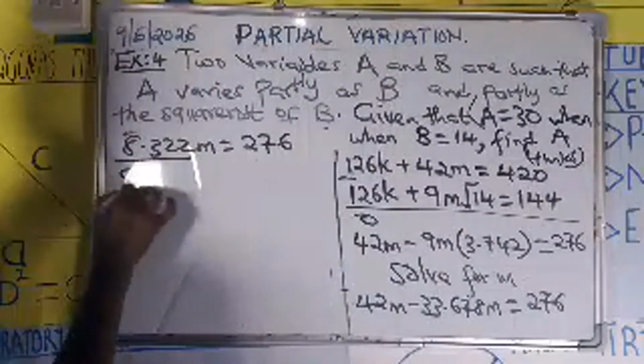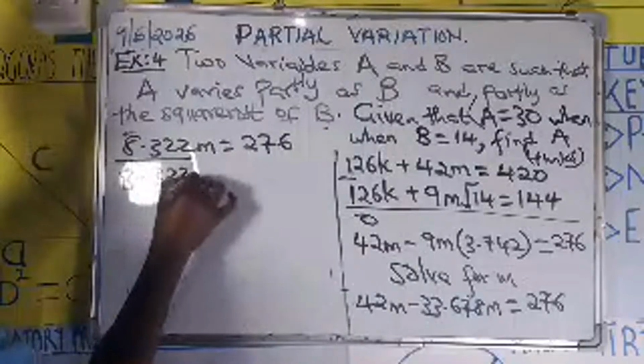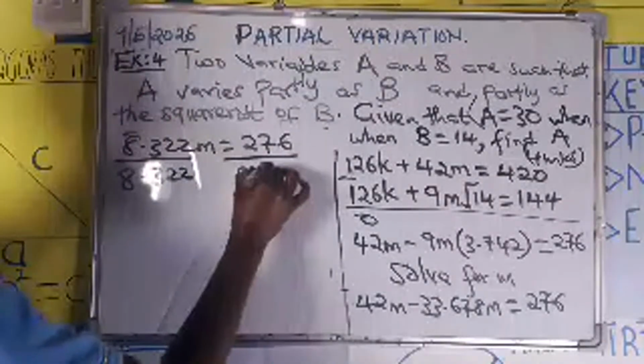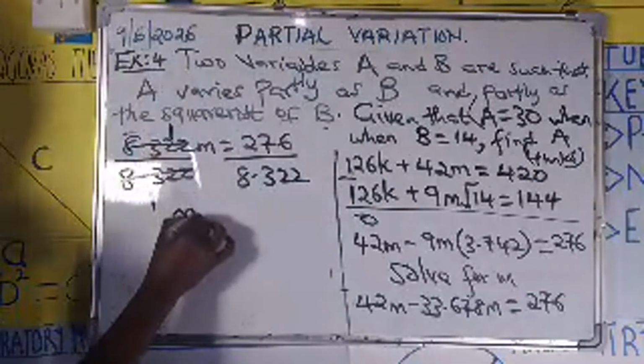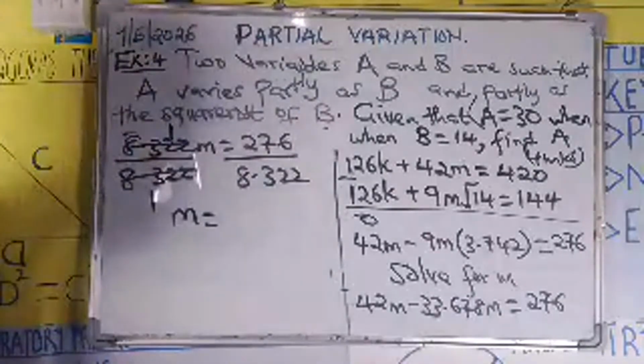So for me to get m, I'll divide both sides by 8.322. Hiyo ishe. M ibaki 276.